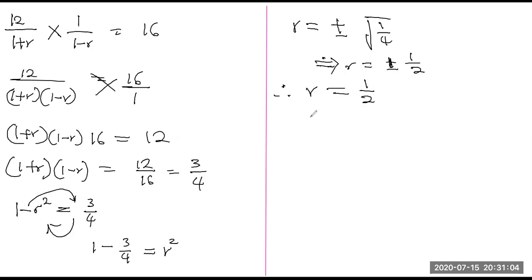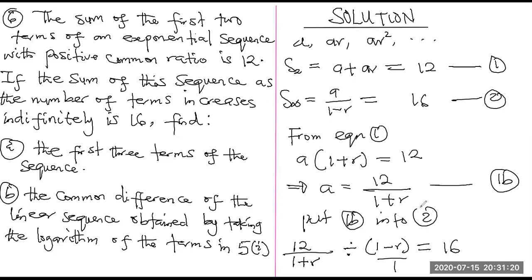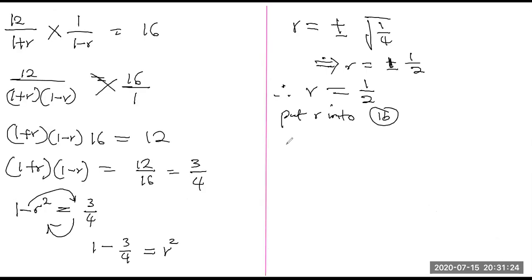Alright, since we now have our common ratio, we go back to equation 1b to find A. So we put R into equation 1b, which is 12 over 1 plus R. Now we have A equals 12 divided by 1 plus R, which is now 1 plus a half.